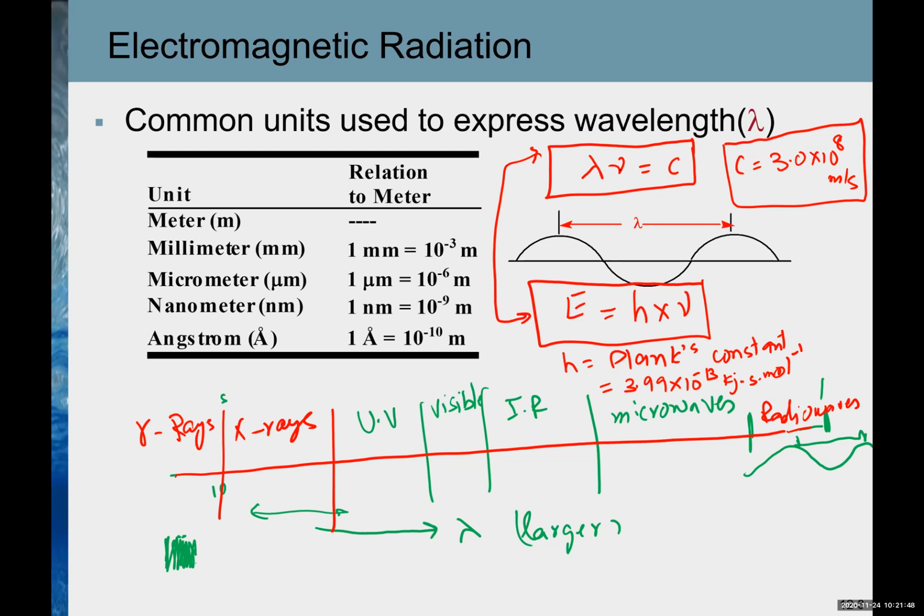Smaller wavelength means the frequency is more. More frequency means energy is higher. Okay, so any question up to this point? So far, we have just reviewed what electromagnetic radiations are, what wavelength is, what frequency is, and how they are related to each other. Any questions so far?